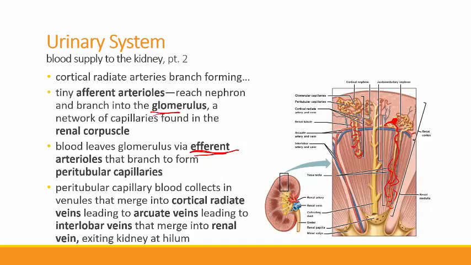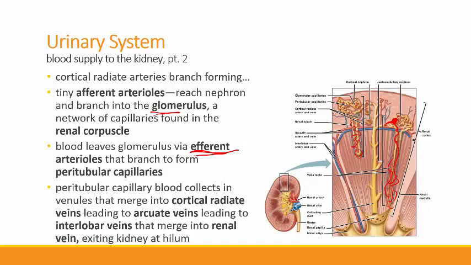If you recall, when you have two capillary networks, one right after the other, that's referred to as a portal system. So here's the renal portal system. The blood flows first to the capillaries of the glomerulus, and then the vessels rejoin into the efferent arteriole, and then it travels to the peritubular capillaries, and here's where we see gas exchange.